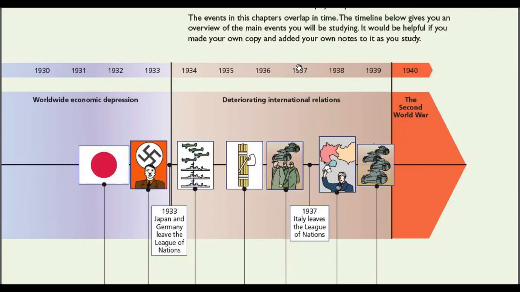Also 1940, the Second World War, we will talk about it. But now we talk about 1930 to 1931, nothing there. In 1932 and 1933, Japan and Germany leave the League of Nations.